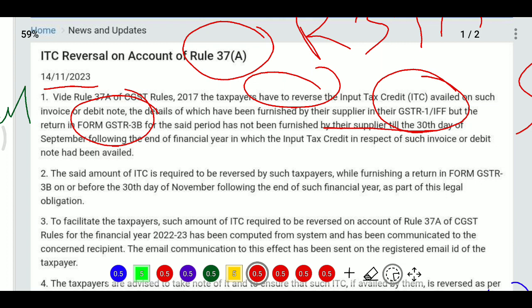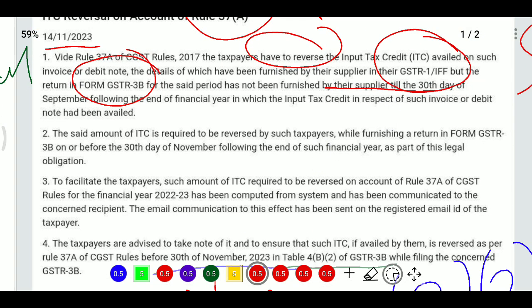If your supplier has not filed their GSTR1 or has not shown your details in their GSTR1, then if you have taken that ITC in your GSTR3B, you need to reverse that portion of ITC. How much time is required? Up to 30 November of the following year, that is now.